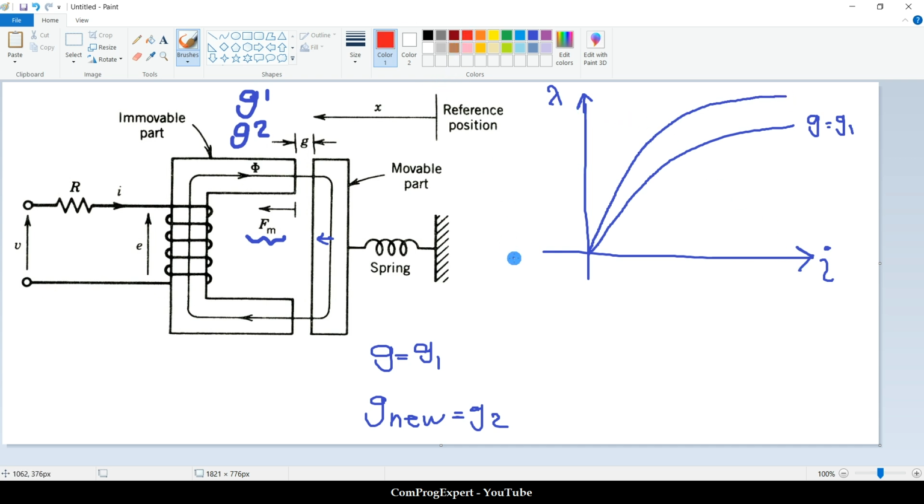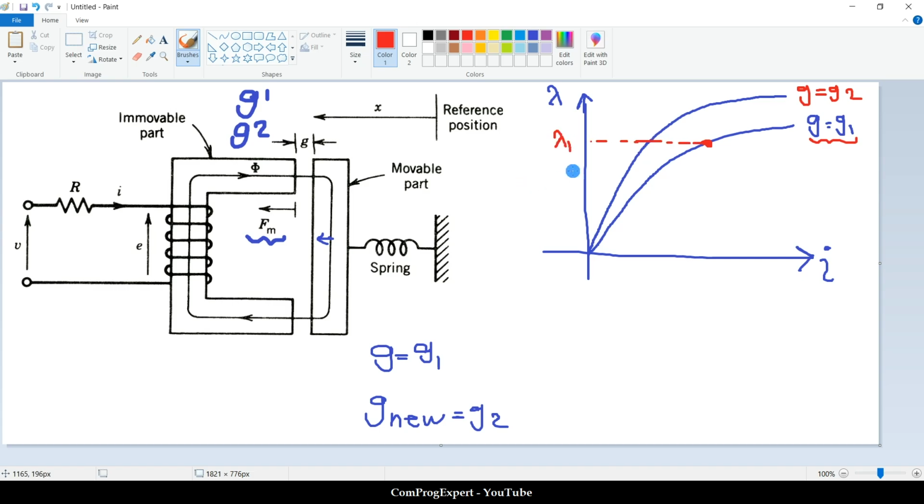So how can we show this process, from zero voltage, zero current to the new state? In the first case, the gap is equal to gap 1, here the gap is equal to gap 2. Suppose the system is in the steady state and the value of the flux linkage is lambda 1.